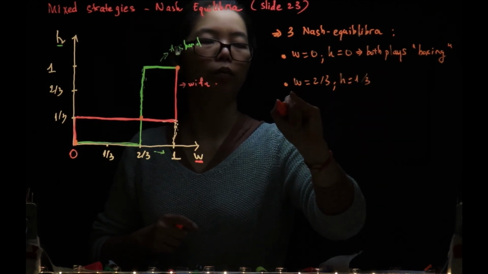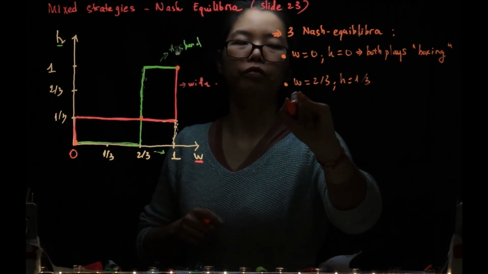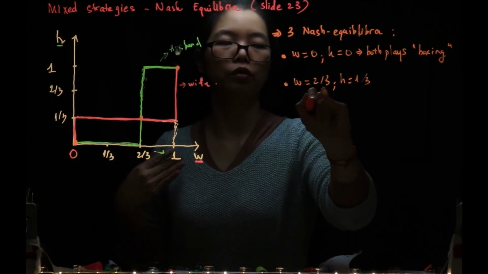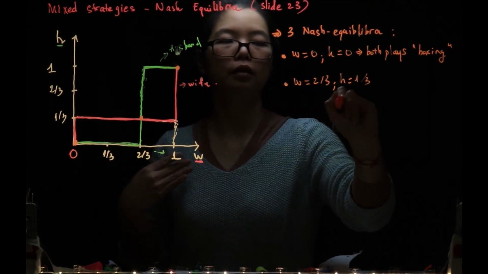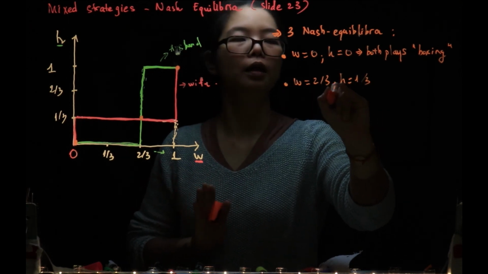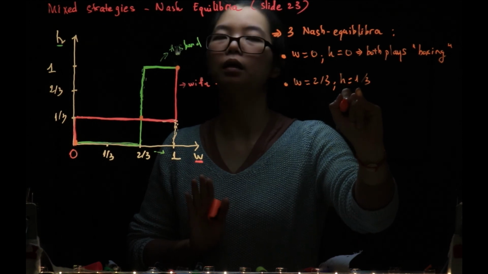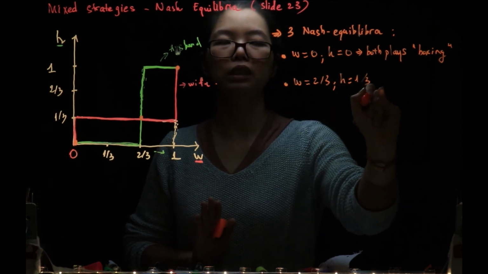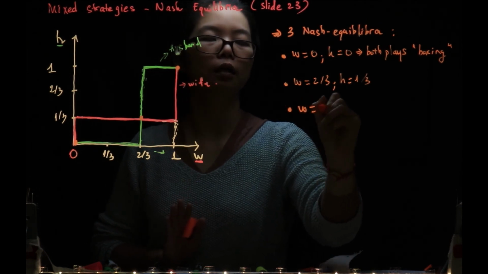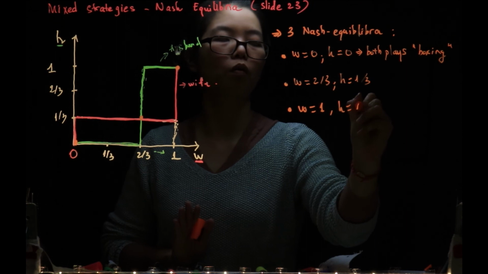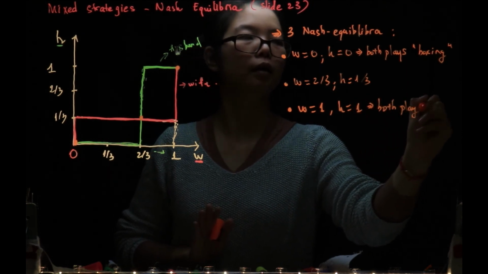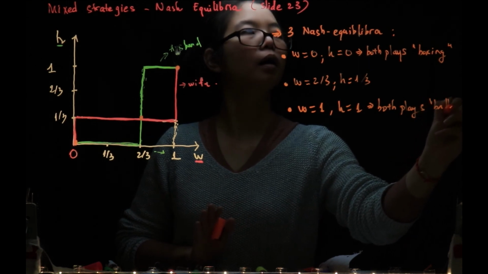This is when the wife randomizes her choice with probability of boxing 2/3, and the husband randomizes for ballot with the probability 1/3. And the last one is both equal to 1, and then both play ballot.